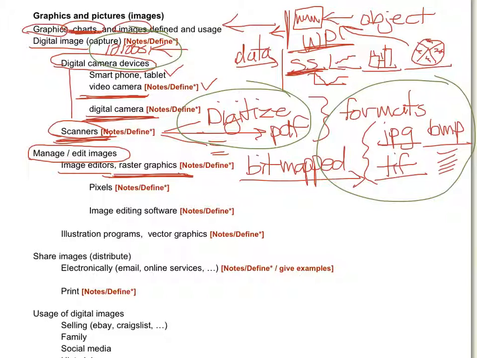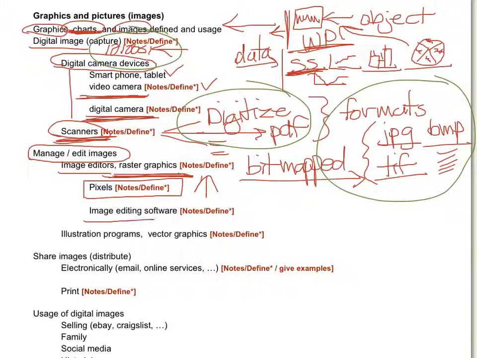We use bits to represent the graphic. And so we get a term here, pixels, or picture elements. How many bits do we use to represent a picture? The more, the better the picture is going to be.